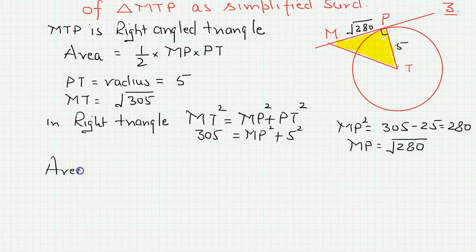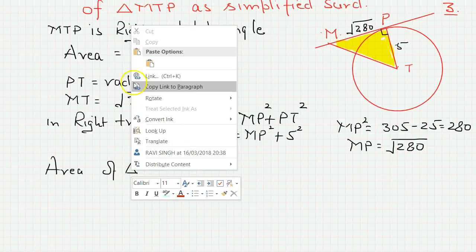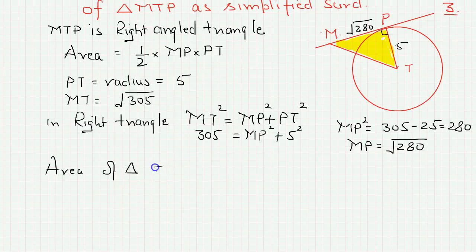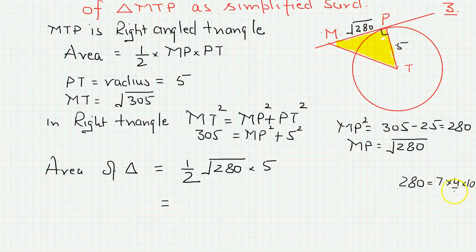So the area of this triangle will be half times MP, MP is root 280, times PT, PT is 5. 280 is 7 times 4 times 10, so root 280 is 2 root 70.